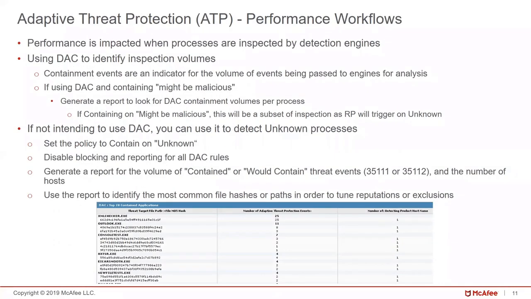So one of the things that we get asked a lot is the performance workflows of ATP. The biggest impact is when you're doing excessive filtering, and you only want to do the heavy lift on the files that need to be checked. So this goes back to, we want ATP to be looking at unknown processes.